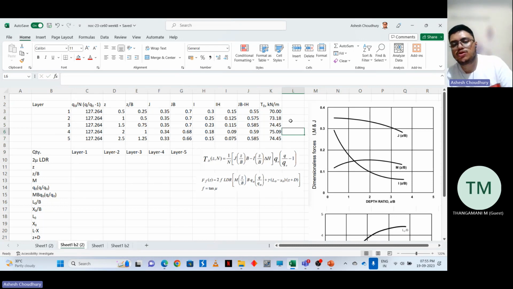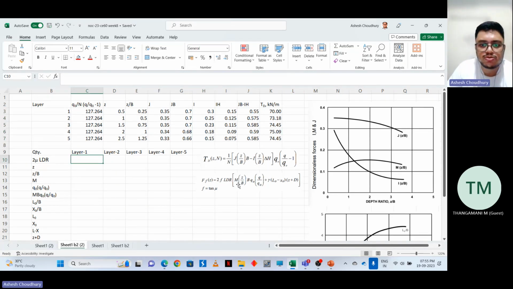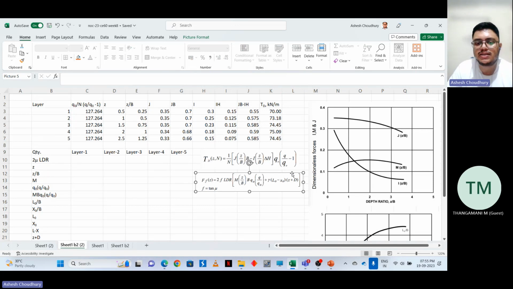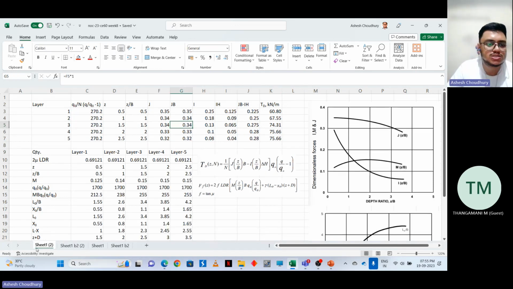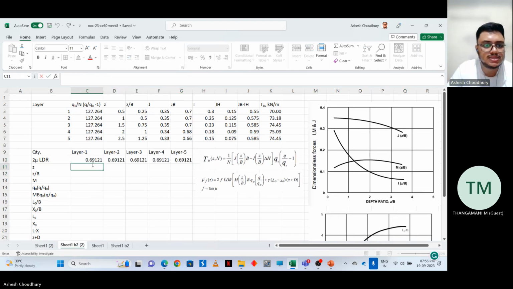Okay, so we got the load coming on each reinforcement. Right, let us come to this next part, that is our pull out forces. So this will be same for this also. Z, these are the Z's.